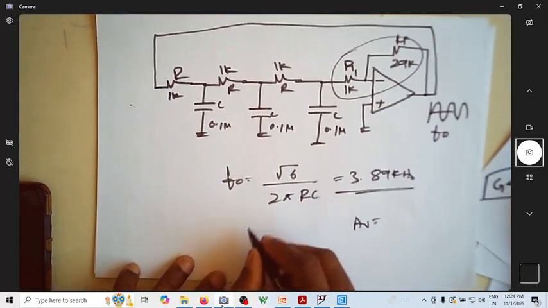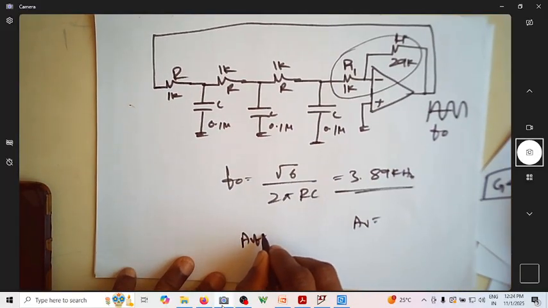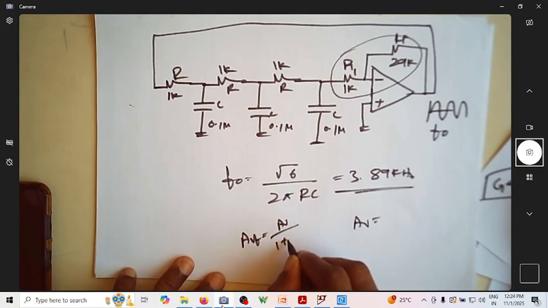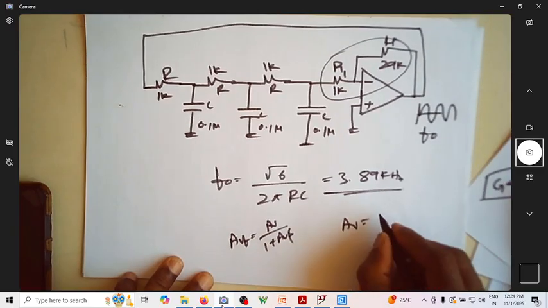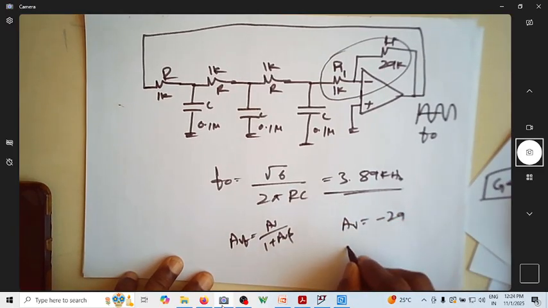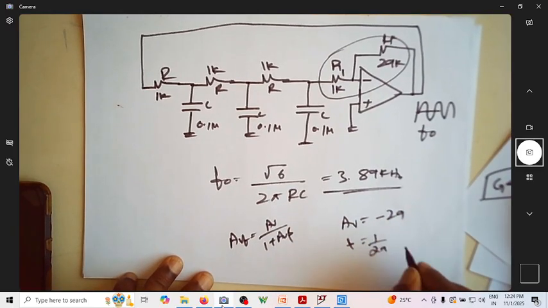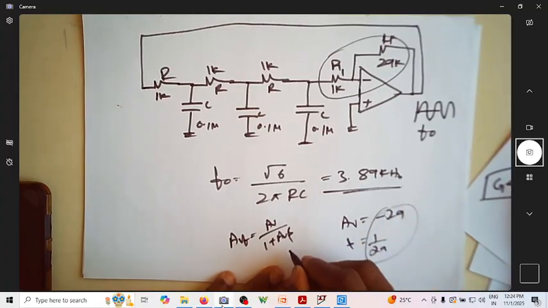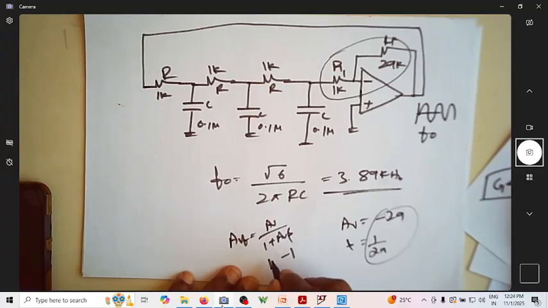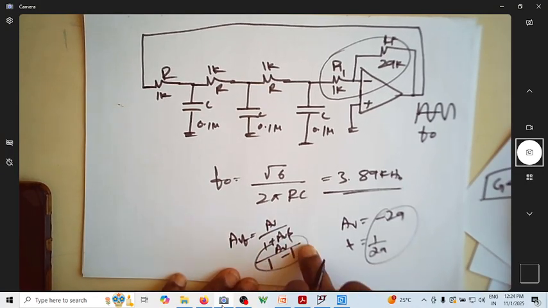AVF is equal to AV by 1 plus AV beta, but AV is minus 29, beta is 1 over 29, so this entire product is minus 1, so your denominator has become 0, so this is now oscillating.